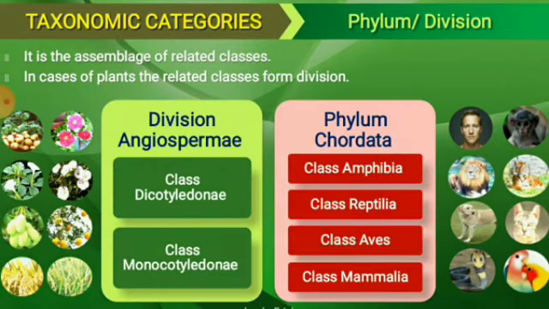Some of the examples are, in case of plants, the division Angiospermae, which includes the class Dicotyledonae as well as the class Monocotyledonae, whereas in case of animals, phylum Chordata includes the classes Amphibia, Reptilia, Aves, Mammalia, etc.